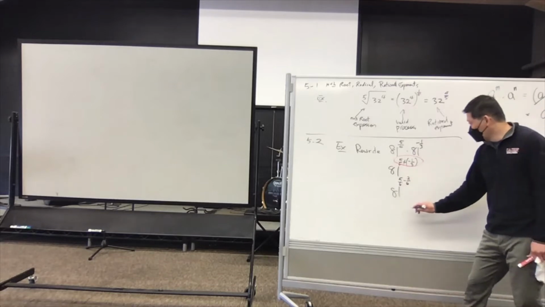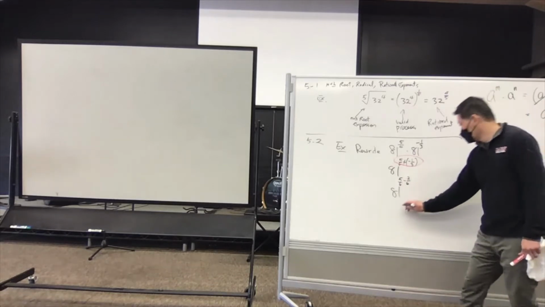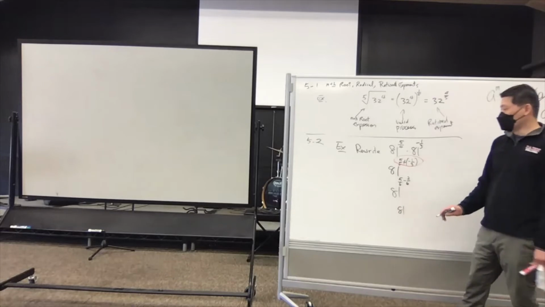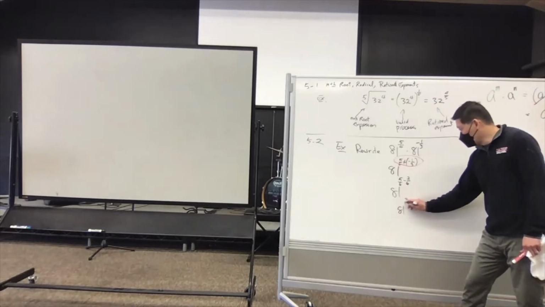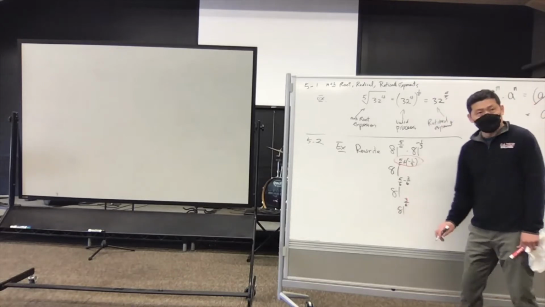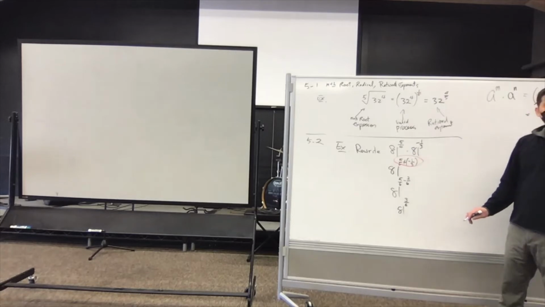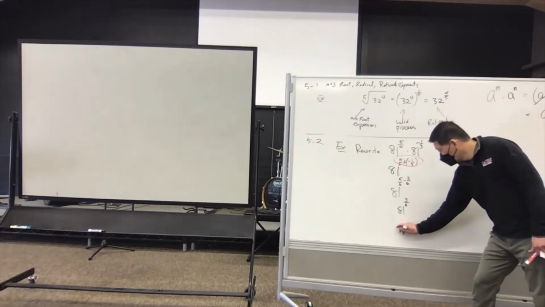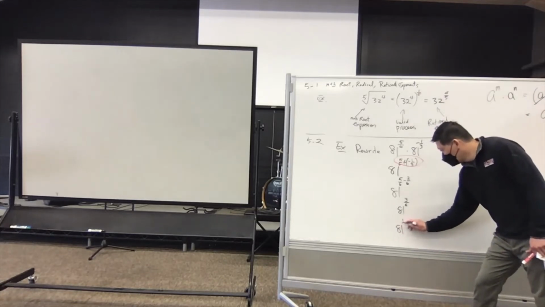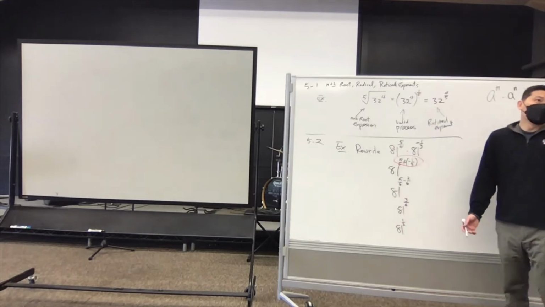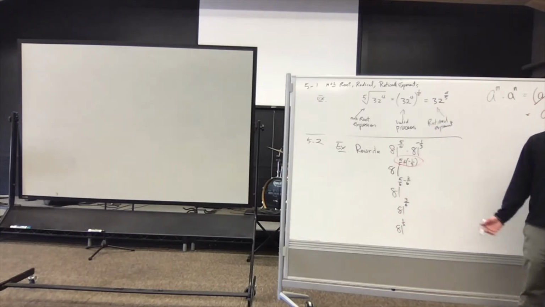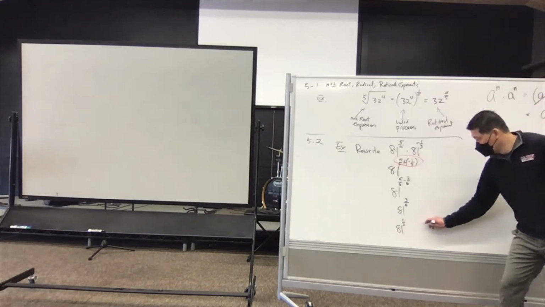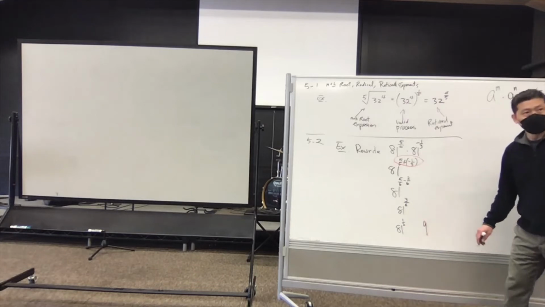So we end up with 81 to the 3/6 power. And if it's 81 to the 3/6 power, it is what? 81 to the 1/2 power. But we also know that 81 is 9 squared. So 9 squared to the 1/2 is 9 to the 1. So it's just 9.